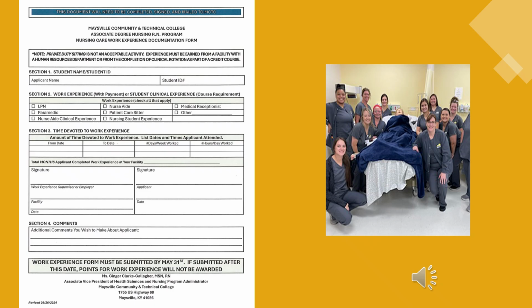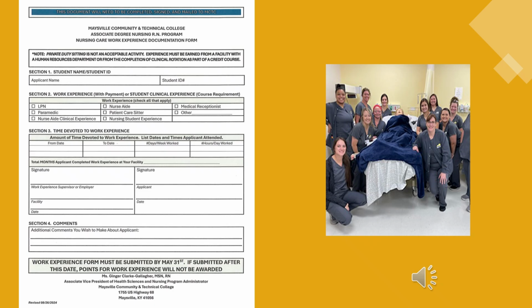It can give you 2 extra points on your selective admission form if you have this filled out. It has to be filled out by the director of nursing or the head of HR at the company that you worked for, and it cannot be signed by you. You have to sign it under the applicant, but the work experience supervisor or employer has to sign it in the other box.